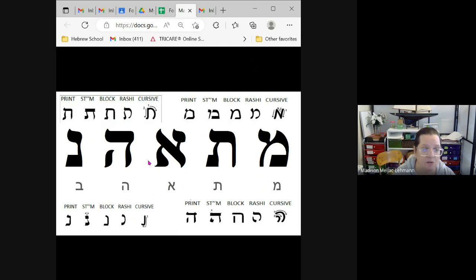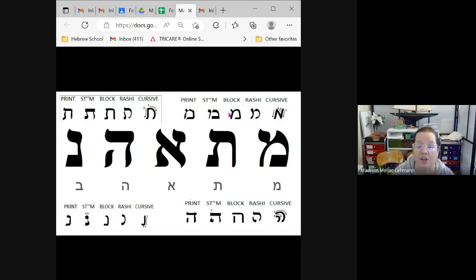And this is why. Here we have our letters that we're looking at this week, which are Mem, Tav, Aleph, Hay, and Nun. Up here, you'll see the different versions you can find of typeface print. We have the standard Mizrahi Hebrew Torah print.